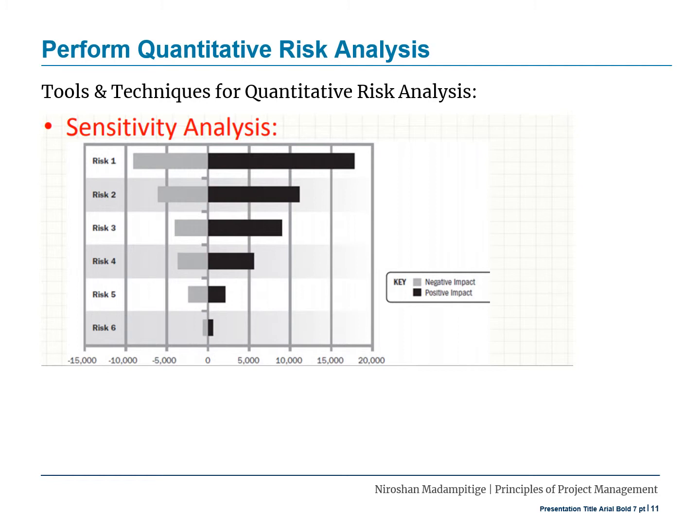In gray color, what you see is negative impact. In black color, what you see is the positive impact. So for the risks identified in your project context, you look at the negative impact and the positive impact and you quantify them. This is called sensitivity analysis.